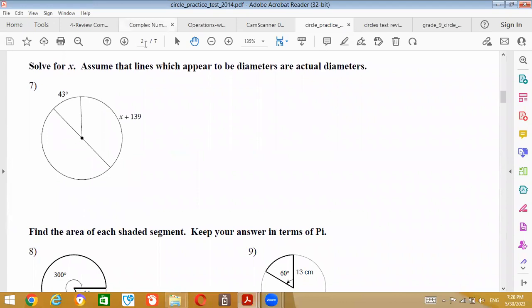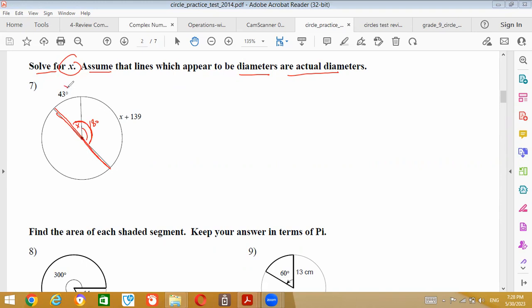After that, here in this example, solve for x. Assume that the lines which appear to be diameters are actual diameters. So this is a diameter. If this is a diameter, then these two angles are supplementary, a straight angle of 180.